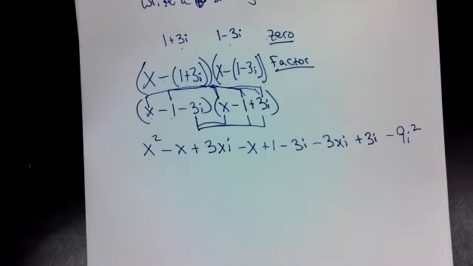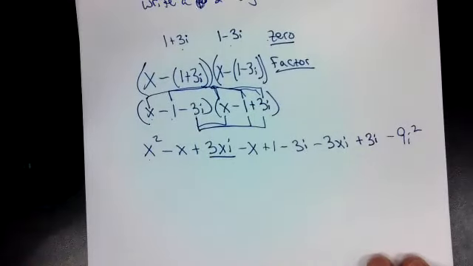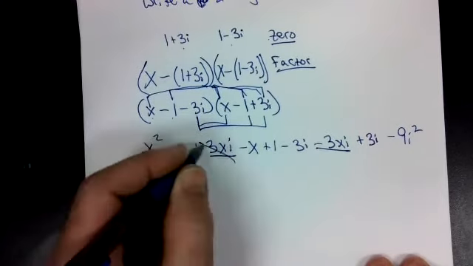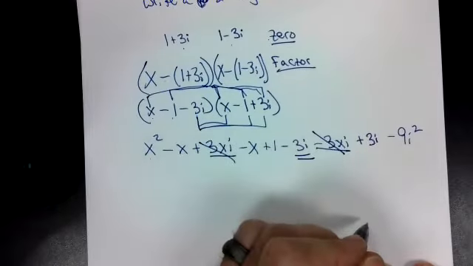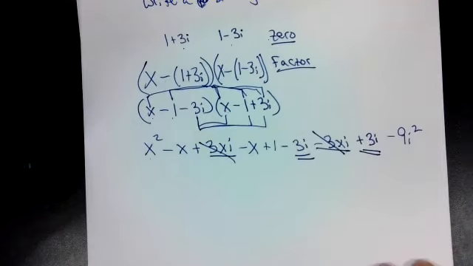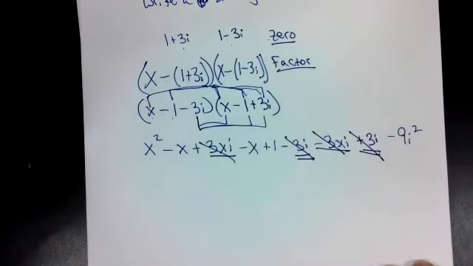And again, the way I do this when I'm looking for stuff, I know stuff should cancel out. So I'm looking for another one of those guys. So positive 3xi and then negative 3xi cancel each other out. Negative 3i and positive 3i cancel each other out.